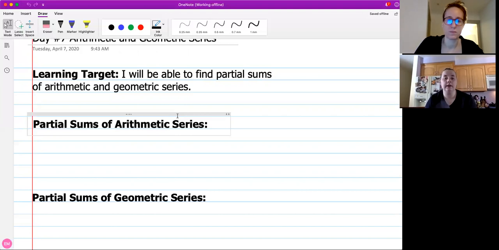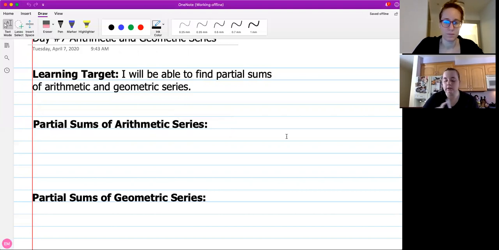For an arithmetic series, we have a formula, and our formula starts with S sub n. Whenever you see S sub n, that means that you are finding a partial sum of a series, so that's the notation we have for that one. S for sum, and then n is whatever term you're trying to go to.